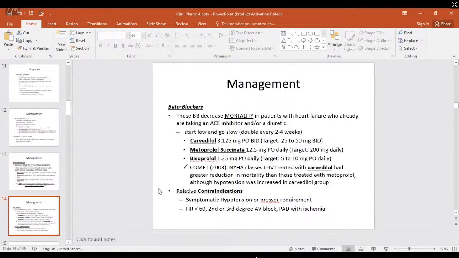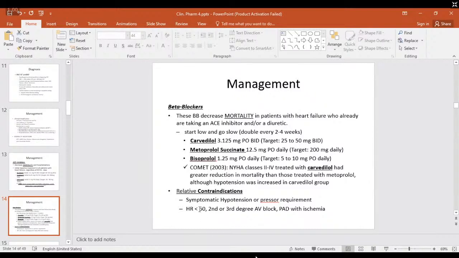What are some relative contraindications to beta blockers? If our patient is hypotensive or requires pressor therapy, let's say dobutamine, dopamine, or some other pressor to keep the patient's blood pressure high enough, then it's not a good idea to treat this patient with beta blockers, at least before the patient is stabilized.